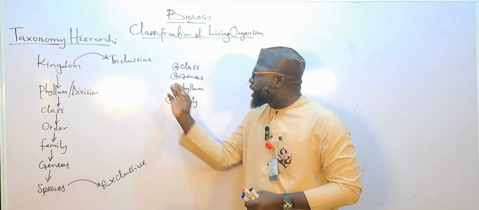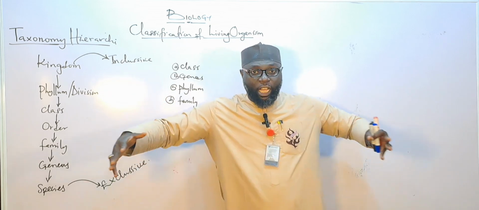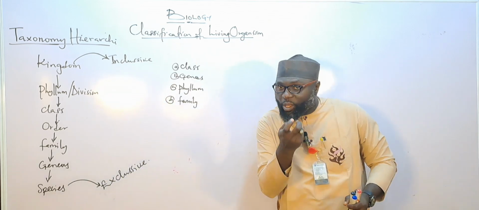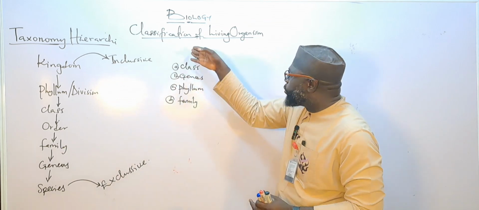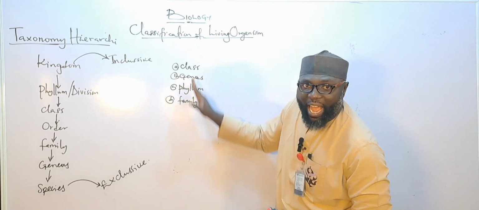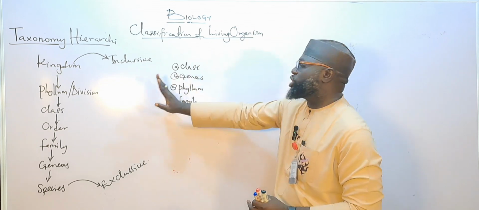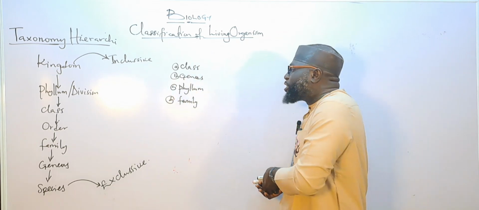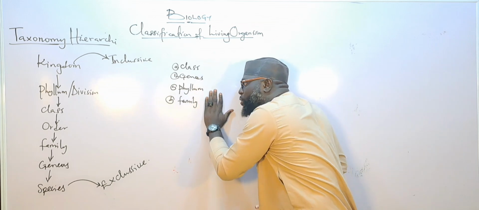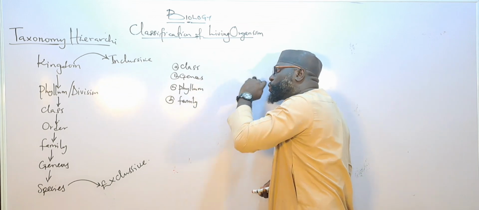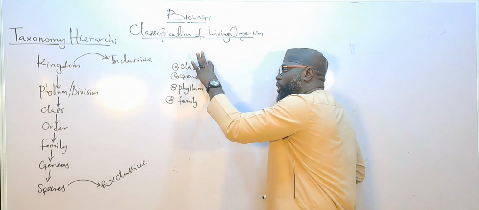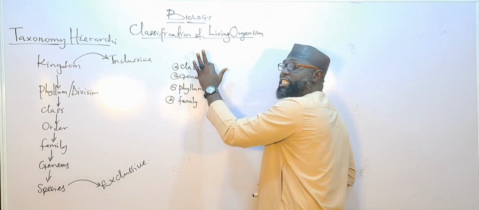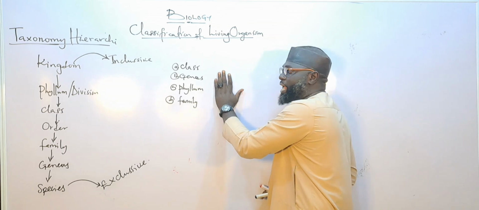Inclusive means the largest one. Exclusive means the smallest one. So you are asked which of these four taxonomy hierarchy is the most inclusive. You will look at the one that is bigger or larger.